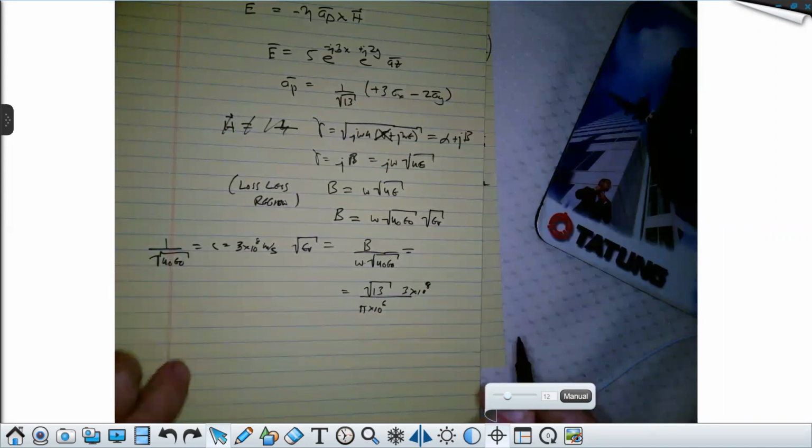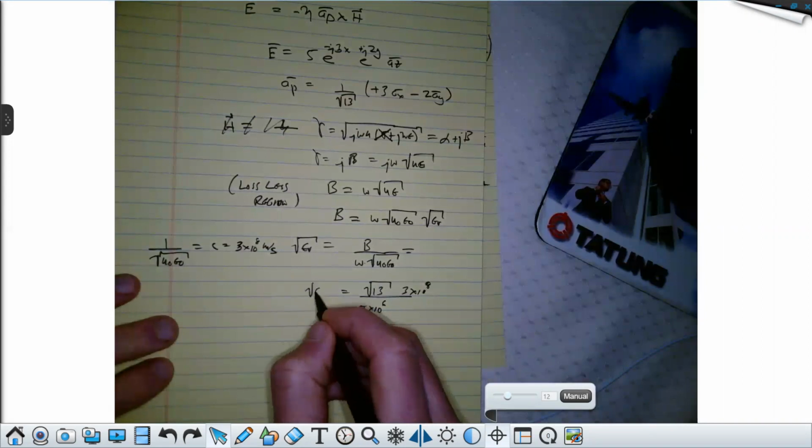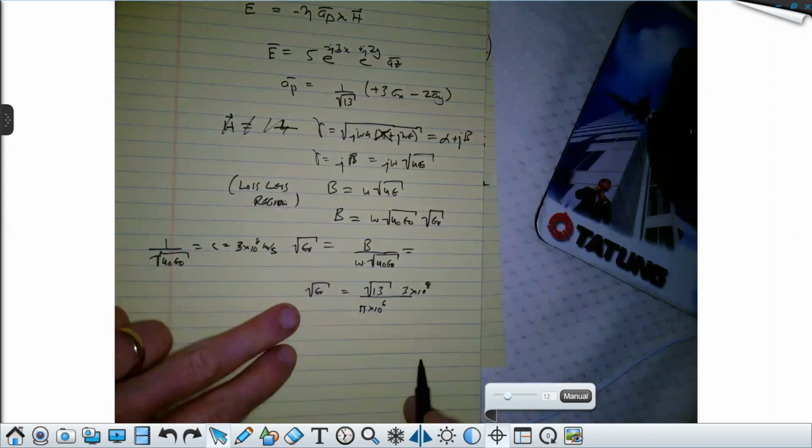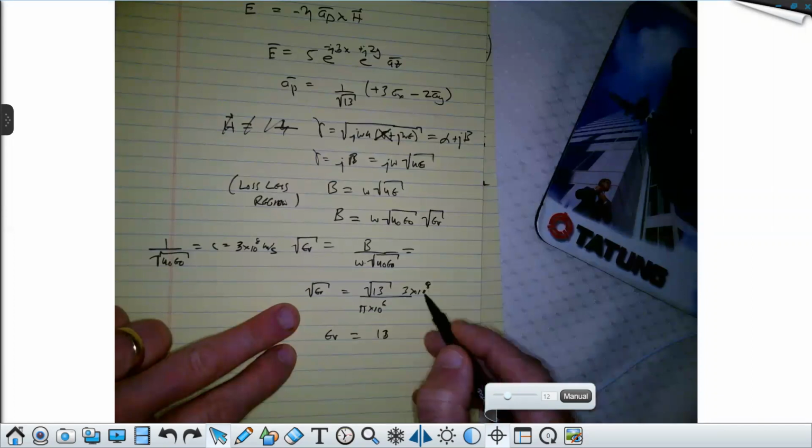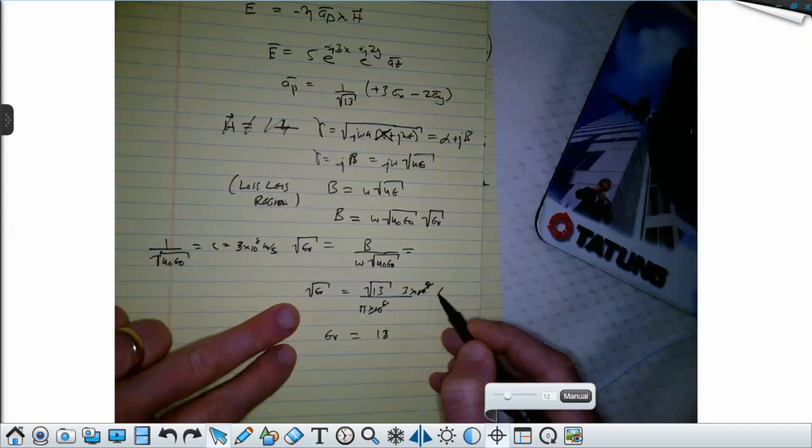Now, if you take a look, that's equal to the square root of epsilon relative, and that means I can find epsilon relative by squaring this. And what I'll do is cut it down a little. So if I take epsilon relative here and I square both sides, here I'm going to get 13, right? And then if I look at this, well, I have 10 to the 8th, 10 to the 6th. That's really 10 squared.